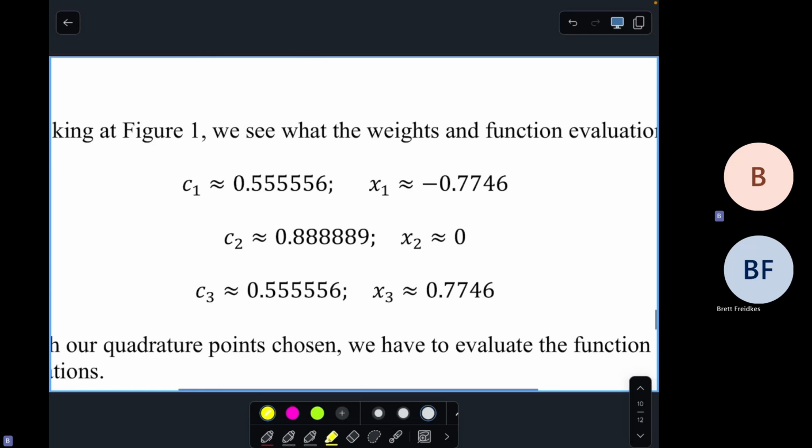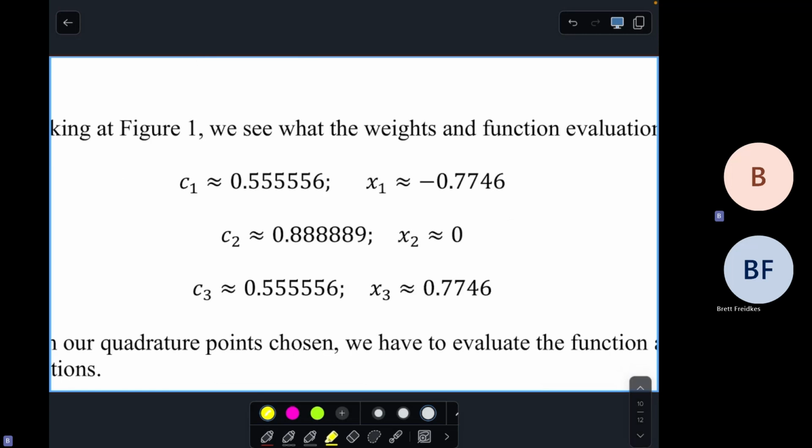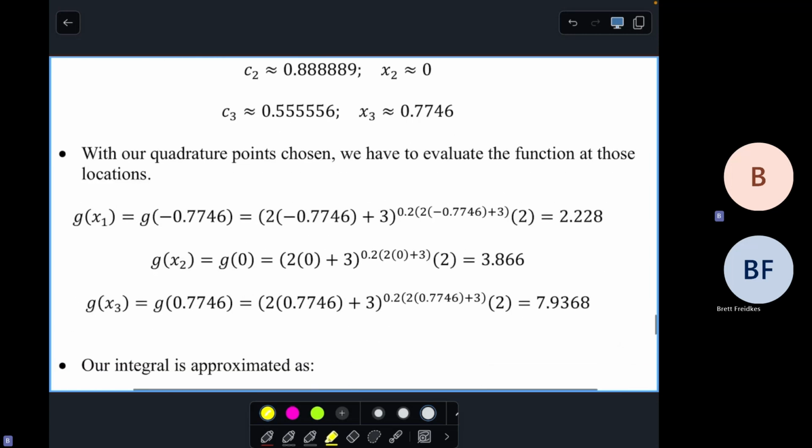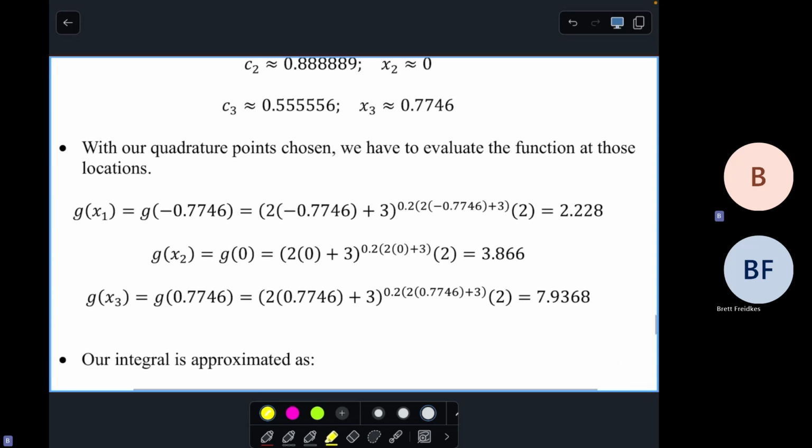From the table, we have our C1, X1, C2, X2, and C3, X3. You can go ahead and plug those in. Remember that this whole thing, all this math right now, that is g of t, but I'm plugging in x1. That gives me that height at that location.